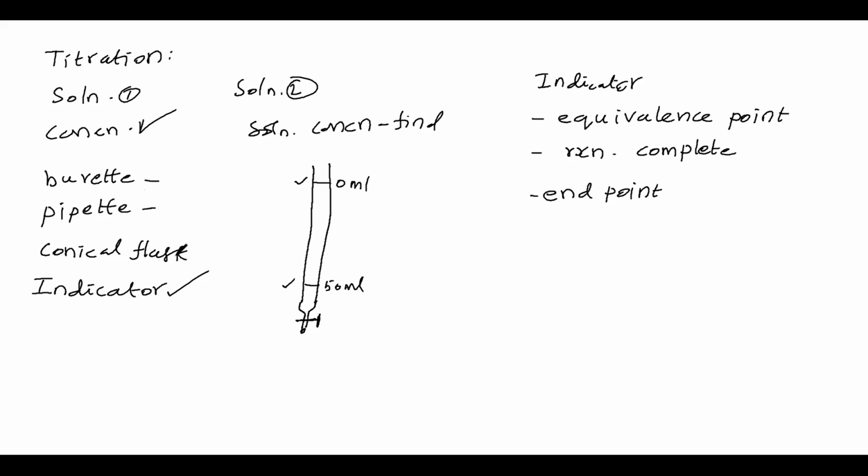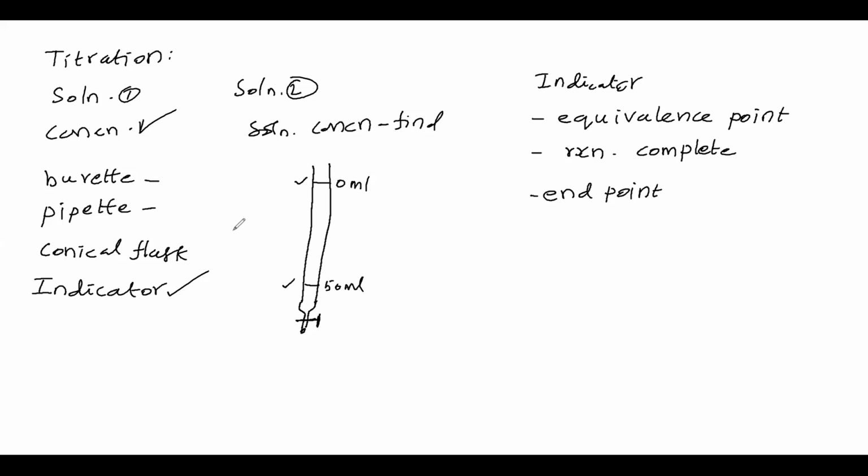Next, precipitation titration. In precipitation titration, the burette solution is silver nitrate solution and the pipette solution is sodium chloride solution. AgCl is getting precipitated. In that place we use precipitation indicators.